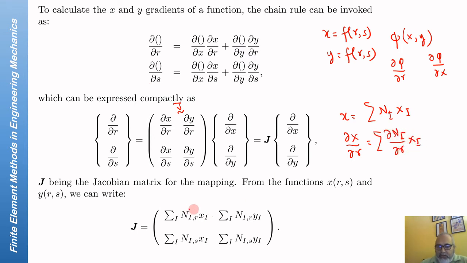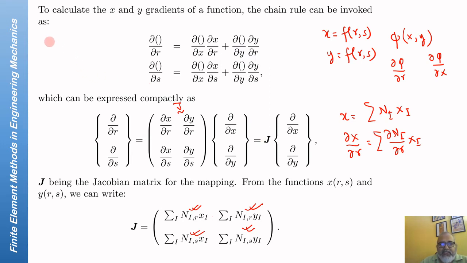So that's what you have here. Similarly for derivatives with respect to s. So this Jacobian would be completely known once you have the shape functions in place.